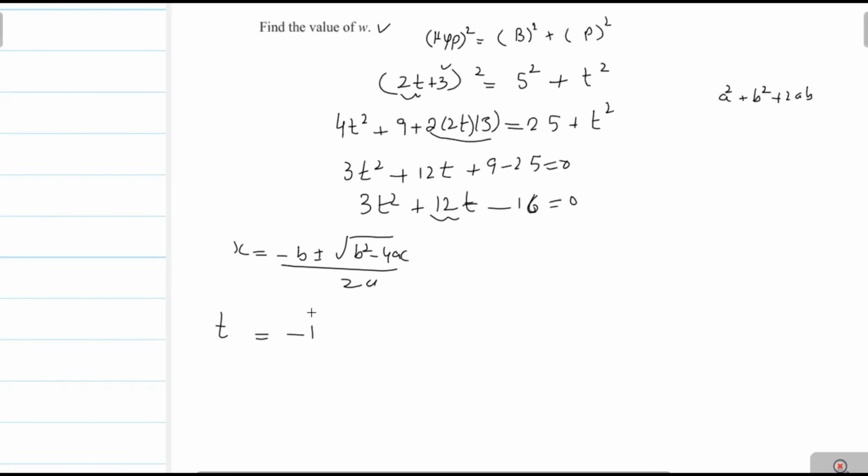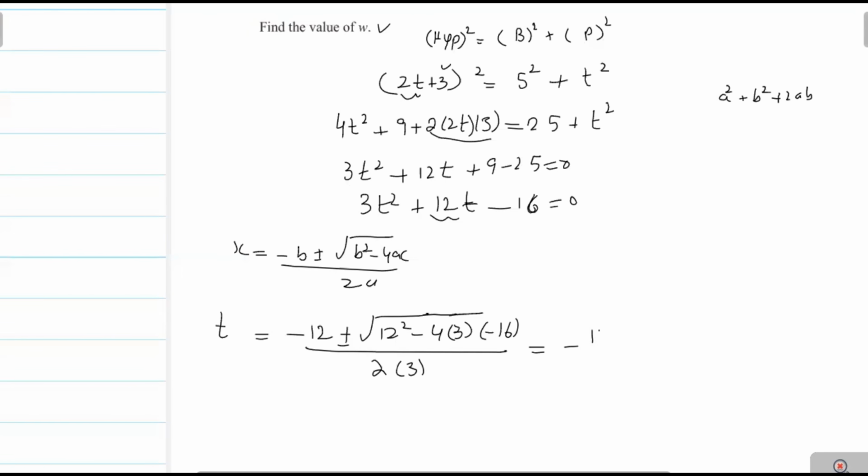Now we write minus 12 plus minus square root of b square, 12 square, minus 4 times of a is 3 and c is minus 16, over 2 times of a is 3, 2 times of 3.